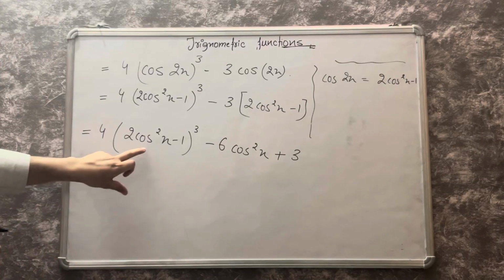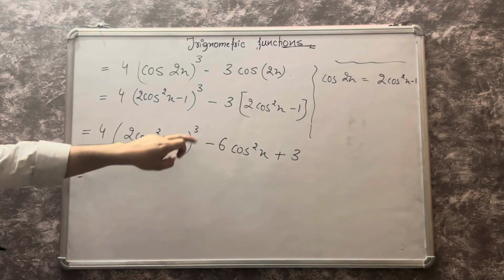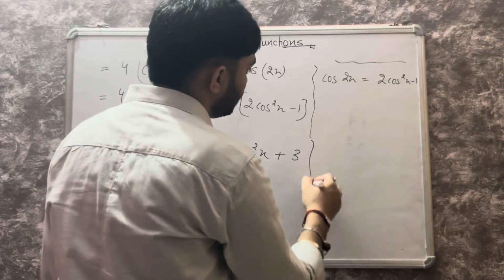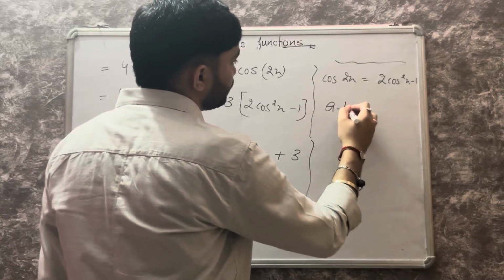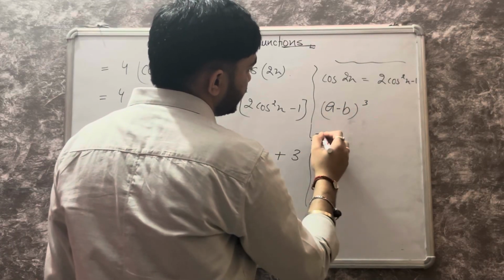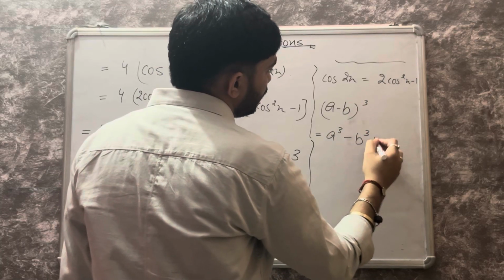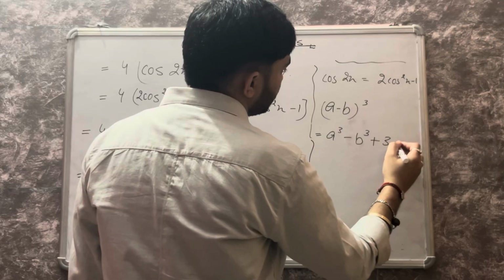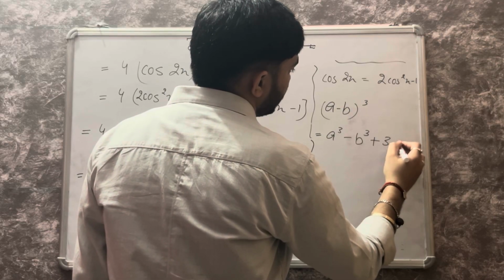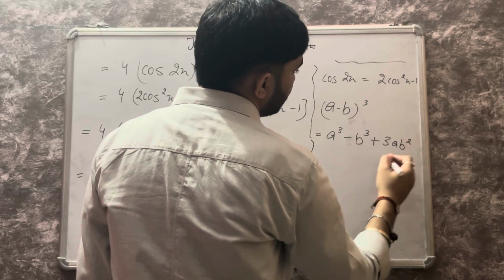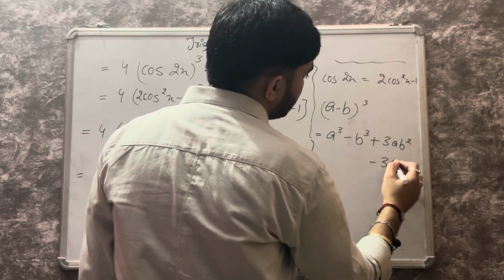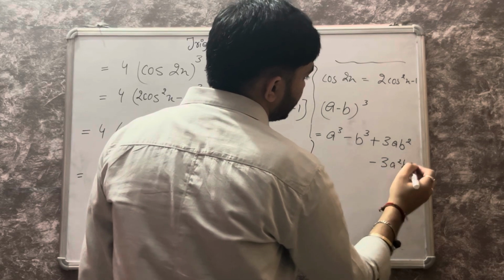Now we are going to apply the formula of (a minus b) whole cube here. What is the formula of (a minus b) whole cube? It is equal to a cube minus b cube plus 3ab square minus 3a square b.